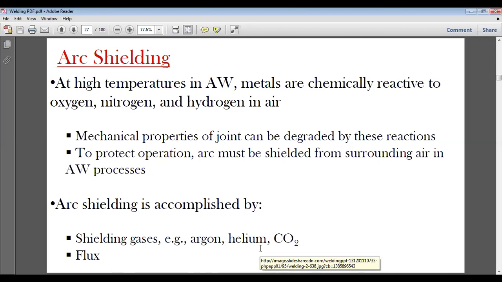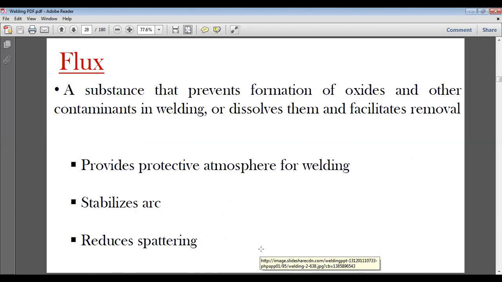One is either by covering by an inert gas, or enveloping the whole weld pool by a gas, or by any inert material, powder material like flux that is used. So this way we can completely shield the molten metal pool from the environment.